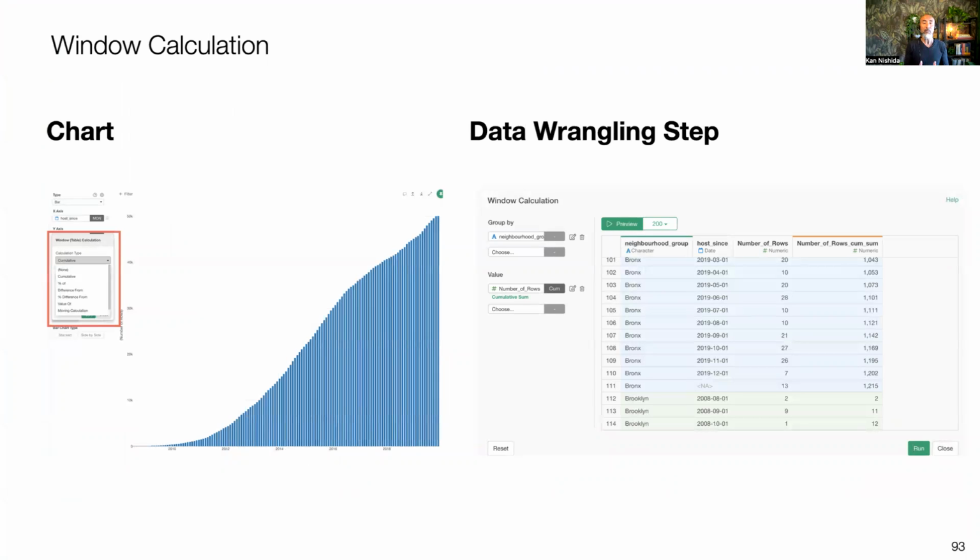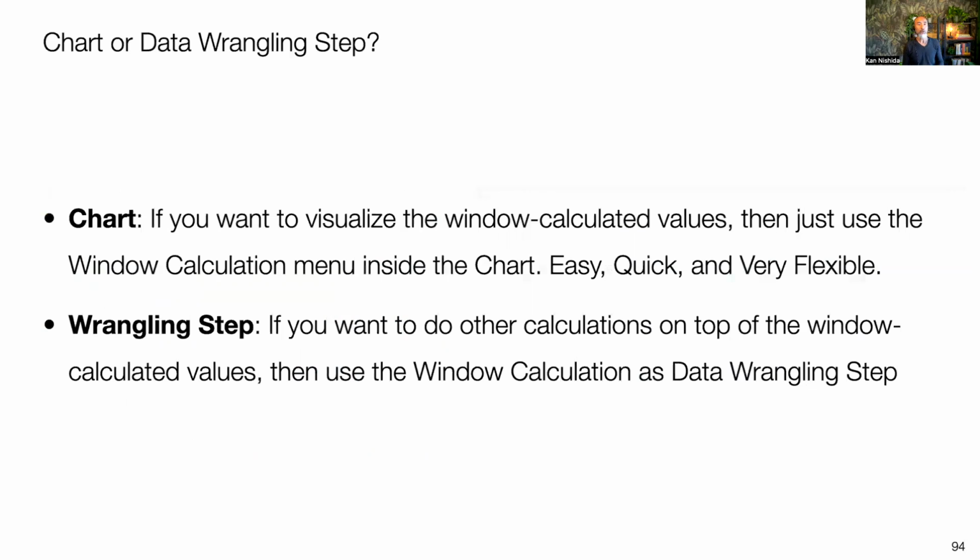Okay, but at the end of the day, you want to get the calculation row by row, but you want to use that sort of aggregation function, like a sum or mean or first, and then do the calculation in a group-sensitive way. In this case, for example, neighborhood group or something like that. So which one to choose? Like I said in the seminar, I think the chart is the first option for you.